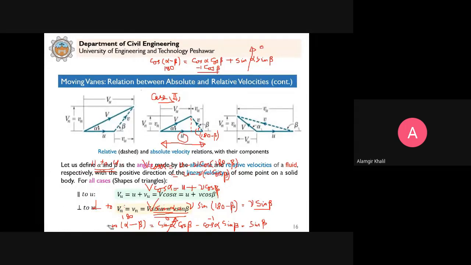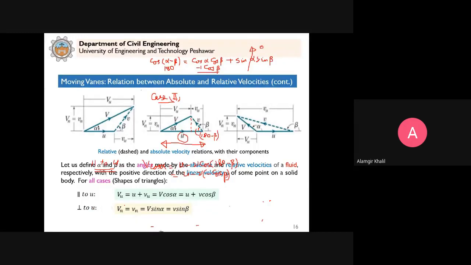So now the conclusion is that whatever is the case, we will get these relationships. Whatever is the case of triangle, this relationship is the same. That's why for all shapes of triangles, we have these components of the velocity.